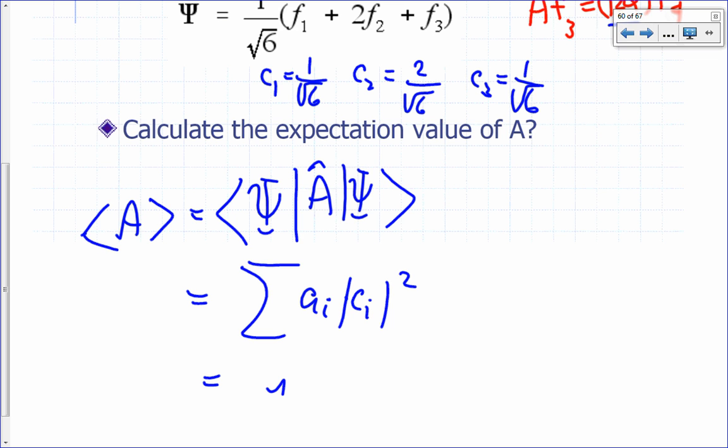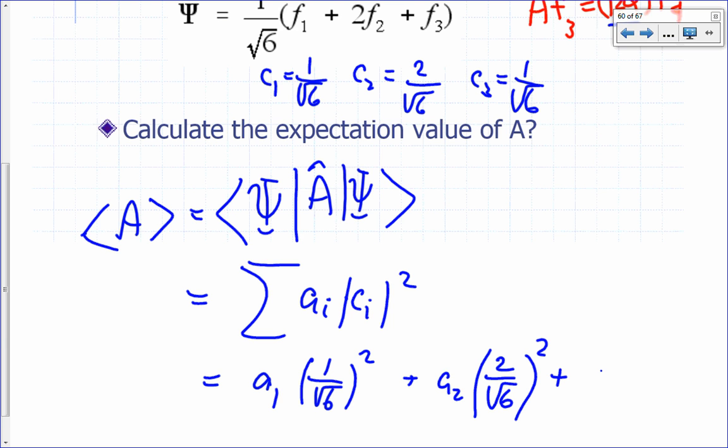It's going to be A1 times 1 over square root of 6, squared, plus A2 times 2 over square root of 6, squared, plus A3 times 1 over square root of 6, squared. So what is A1?